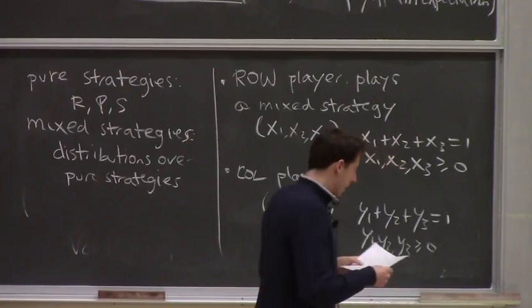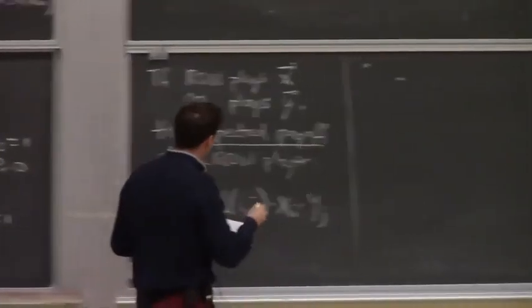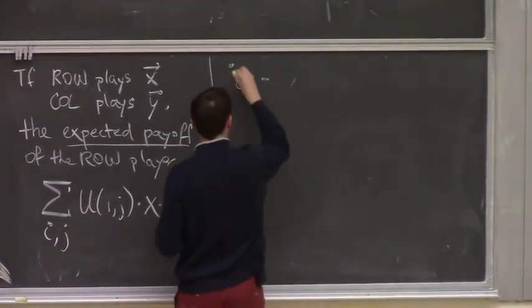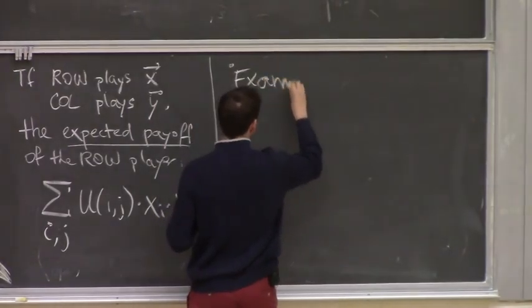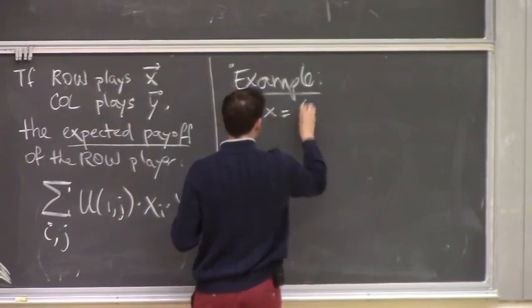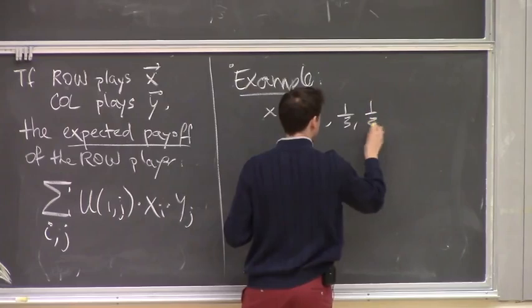All right. Let's give an example of what happens in that game. Let's say that we fix X to be the random strategy, which is a third, a third, a third.